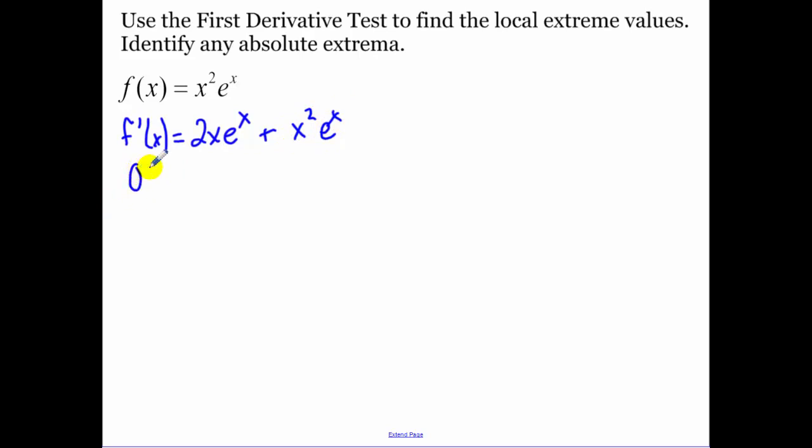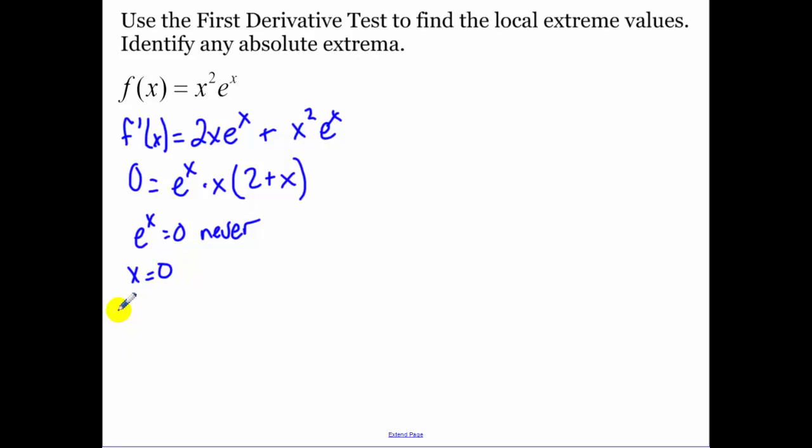I set that equal to 0, and I'm going to do some factoring. So we have when e to the x equals 0, which is never. We have when x equals 0, and when x equals -2.